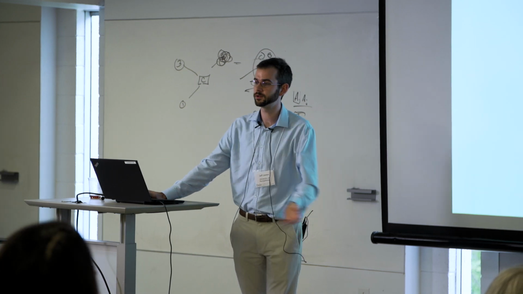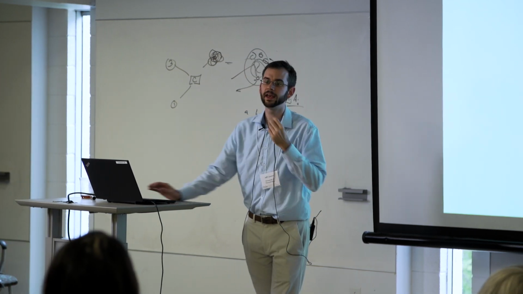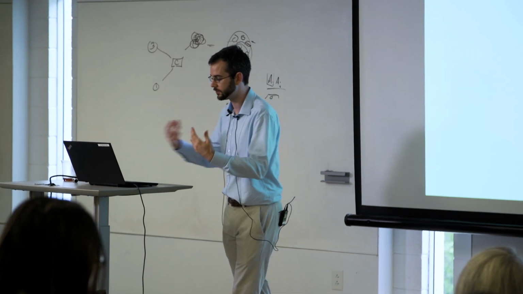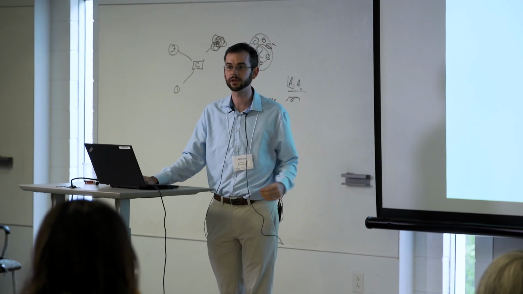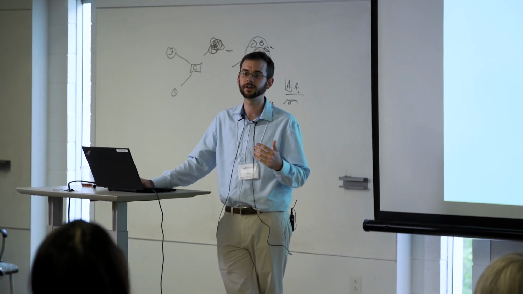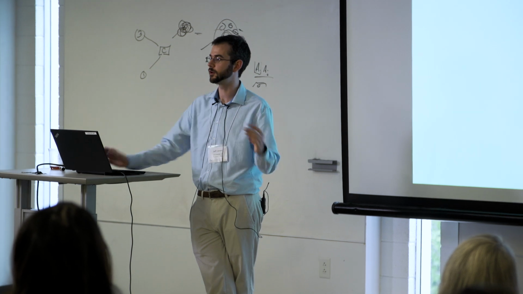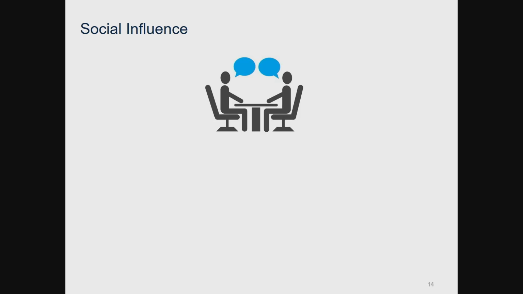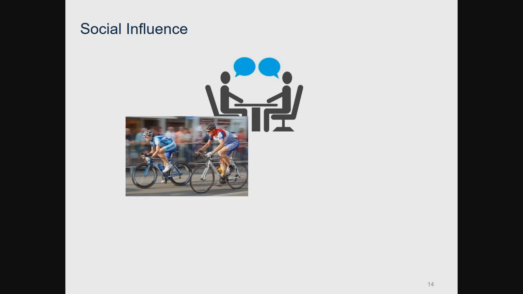So what do I mean by social influence? As Jim was saying earlier, it's one person's behavior or ideas influencing the behavior or ideas of another person. And this can happen through a variety of mechanisms. Something fairly intuitive would be two people talking with one another and influencing each other's ideas. But you can have something a little less intuitive, like social facilitation, where just being around another person doing the same activity as you can improve your performance.